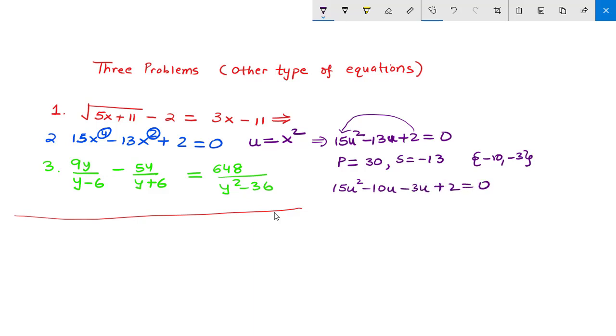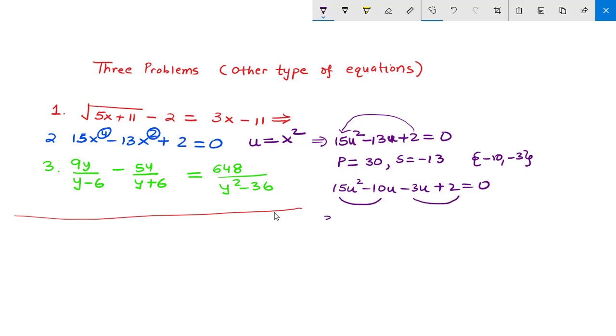You are more than welcome to use the quadratic formula if factoring is not your thing. But sometimes factoring is more efficient because it requires fewer computations than the quadratic formula. So now I'm going to combine these two and these two terms.